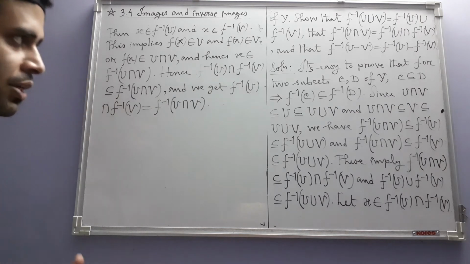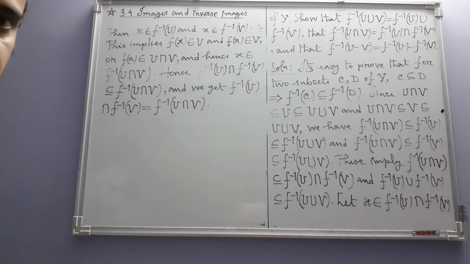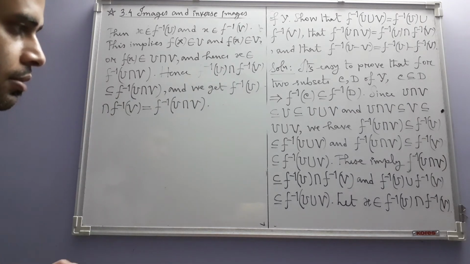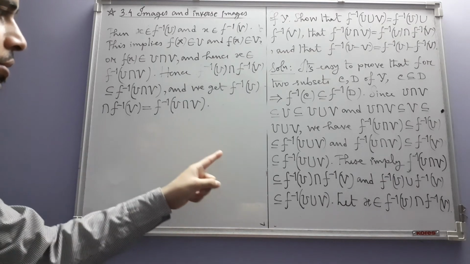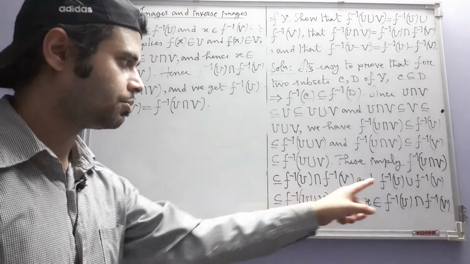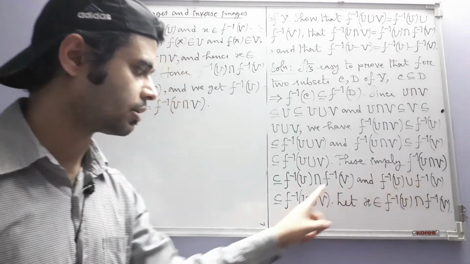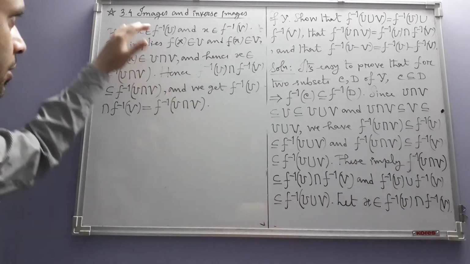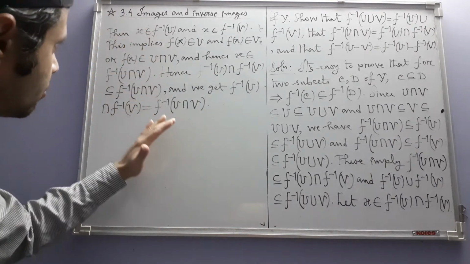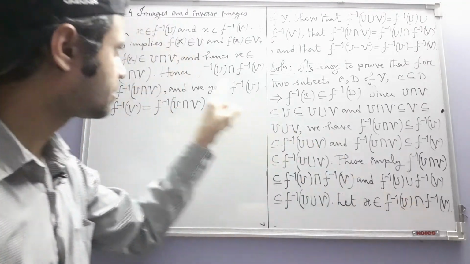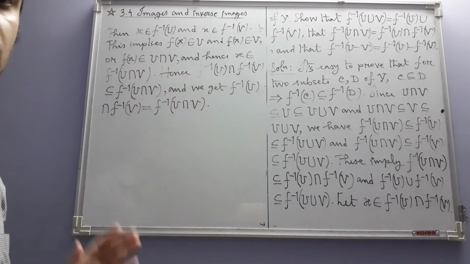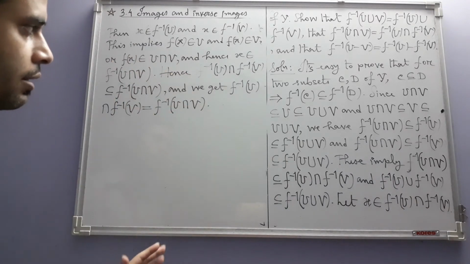Now, if you have been noticing these solutions attentively, you can see that just like that, we can also prove the opposite containment of this one. You repeat this whole thing starting from this, replace intersection by union everywhere, and you get the other thing.